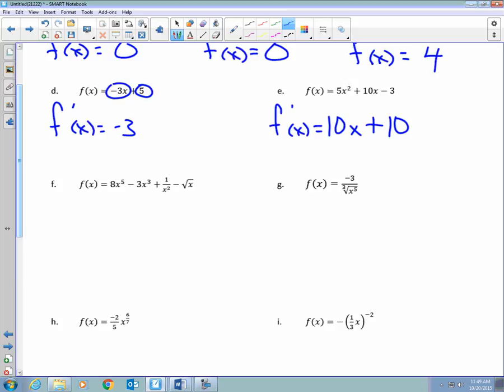Number 3, what should be the derivative of x squared minus 6x? 2x minus 6. For number 4, what should be the derivative of x to the 5th? 5x to the 4th. And if you look at number 5, 4x to the 3rd plus x squared minus 2x minus 3. Drop the 3 in front, you get 12x squared plus 2x minus 2. So you should be able to use the power rule in order to simply just check your answers.